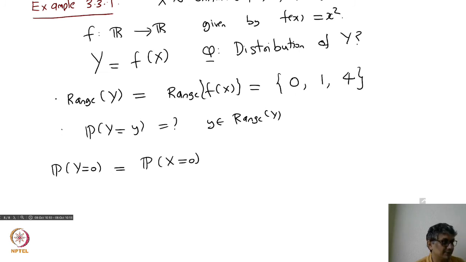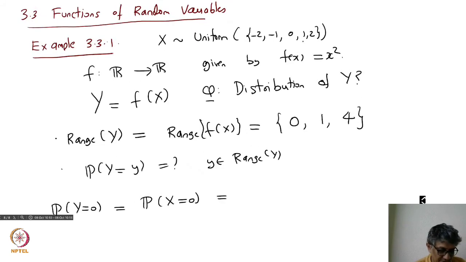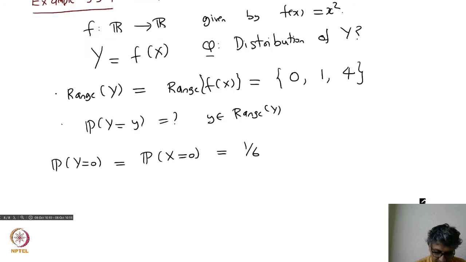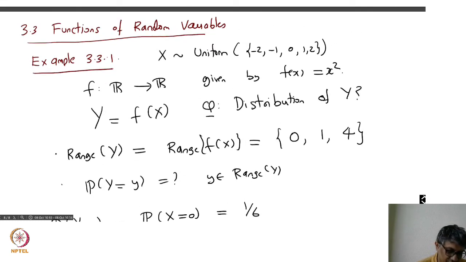Then nothing else happens. There are 6 possible outcomes in the uniform, so that's just 1 over 6. So for the distribution of x, the chance of x equal to k is 1/6 for k in -2, -1, 0.